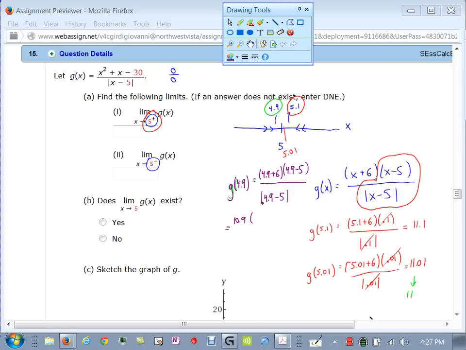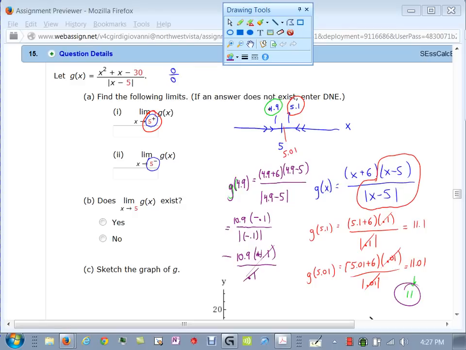But then I have 4.9 minus 5 is negative 0.1. The bottom is the absolute value of negative 0.1, and the absolute value of negative 0.1 is positive 0.1. Now these two are the same except they're opposite in sign. So these will cancel, but I'll have a negative pop out here. So instead of being positive 11 over here, like we had over here, it's now negative 10.9.